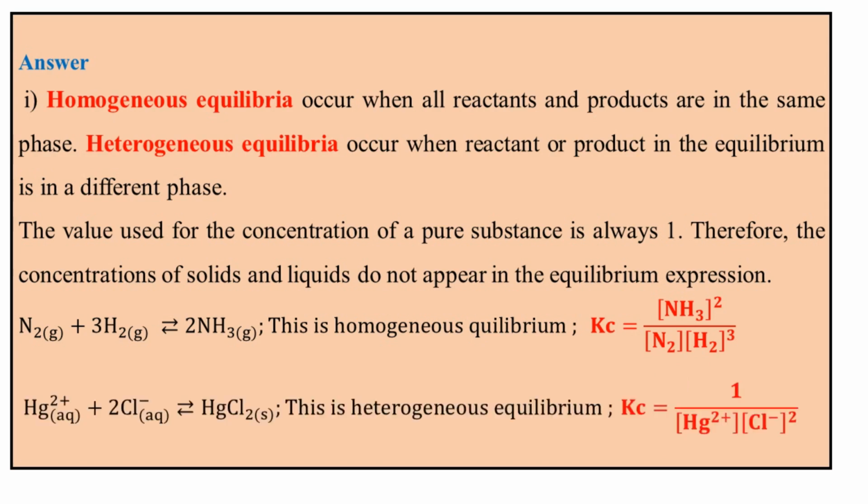Let's move to the second equation. Here we have mercury, which is in the aqueous phase. We also have chloride, which is in the aqueous phase. That means the reactants are in the aqueous phase. Now let's see the product. The product is in the solid phase.